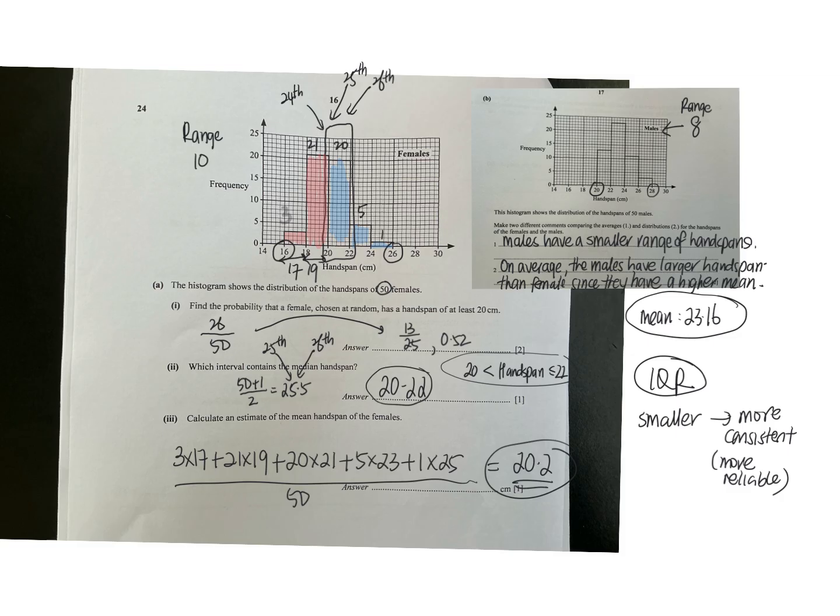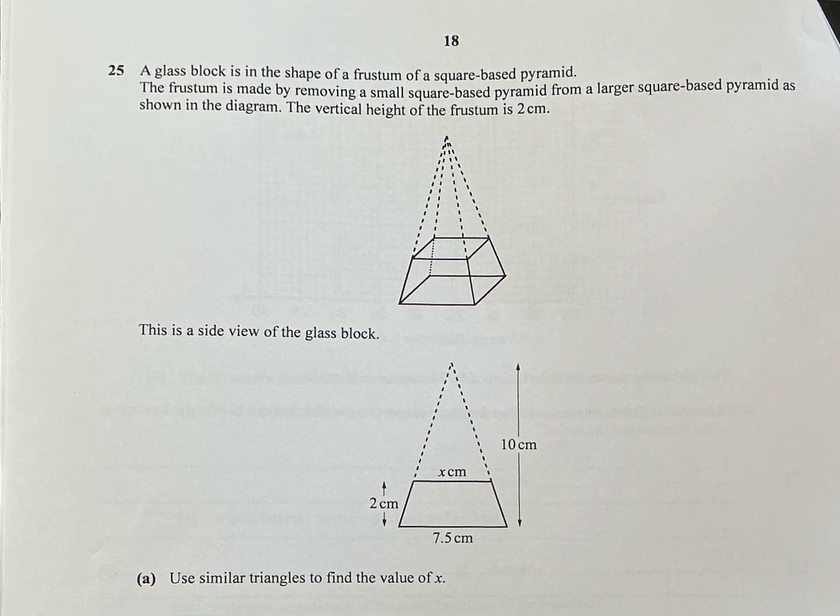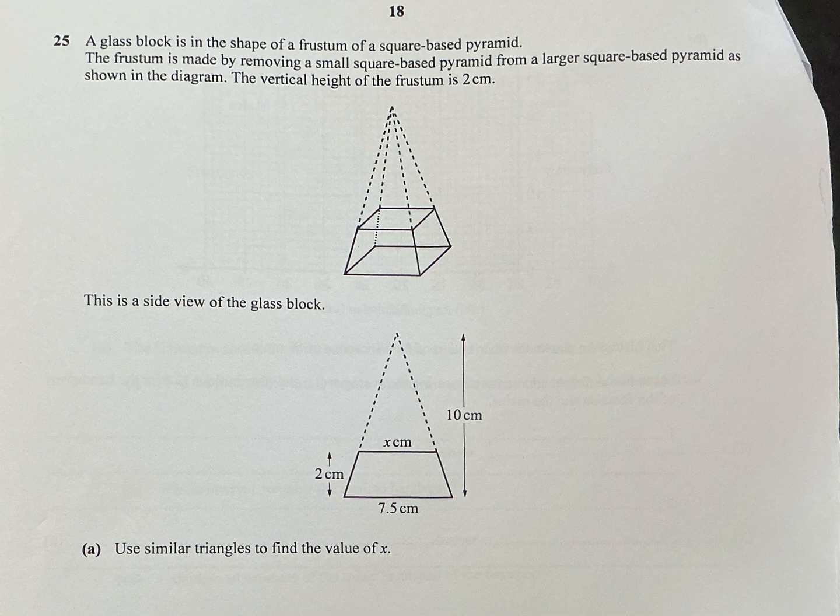It is a frustum. Oh my god, frustum. Okay, frustum is always the difference of two similar solids, one being cut out. So for instance, if you have a pyramid, this is the frustum.